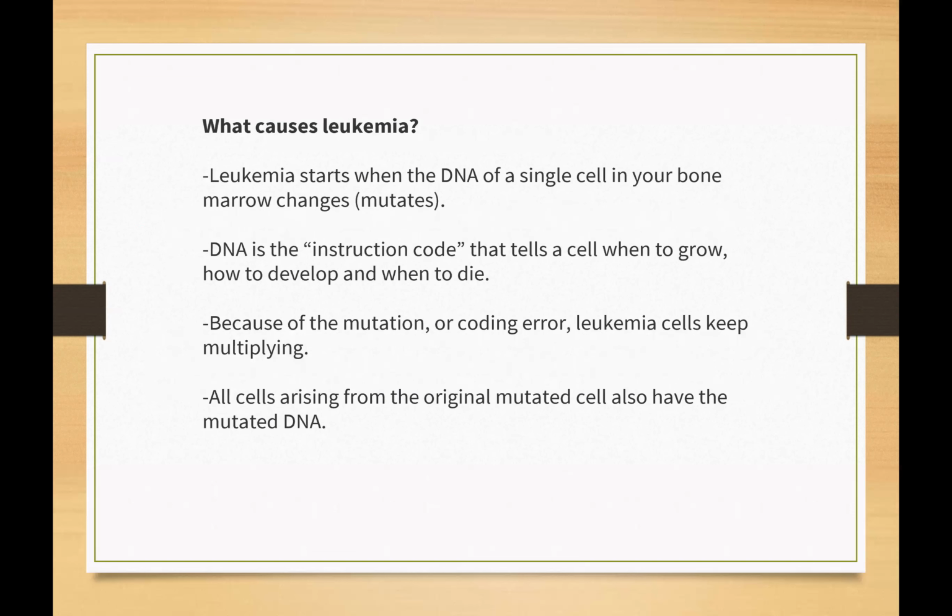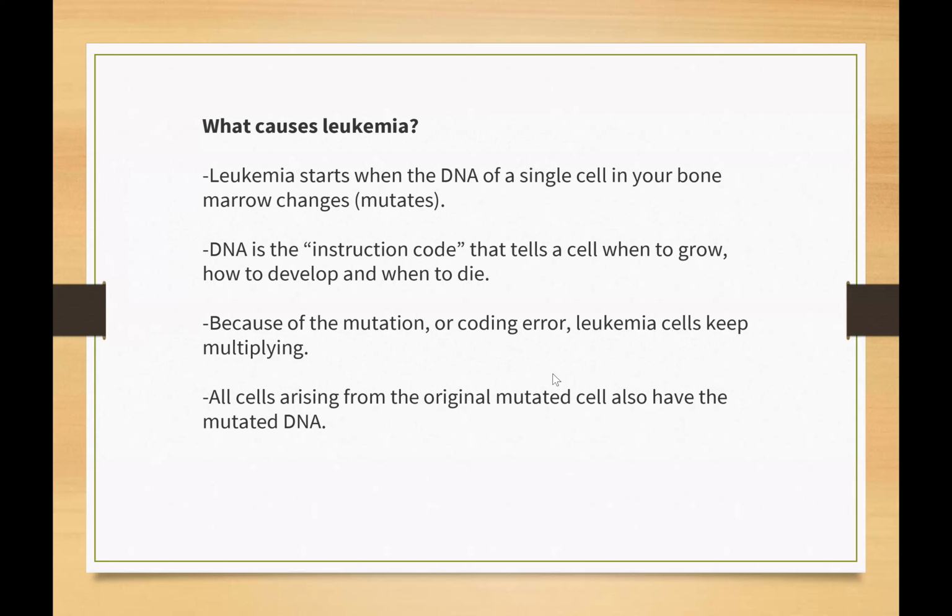Okay, next question is what causes leukemia? Like we saw in other types of cancers, here too, a mutation in proto-oncogenes or tumor suppressor genes is responsible for leukemia as well.